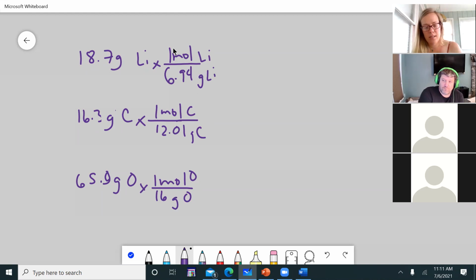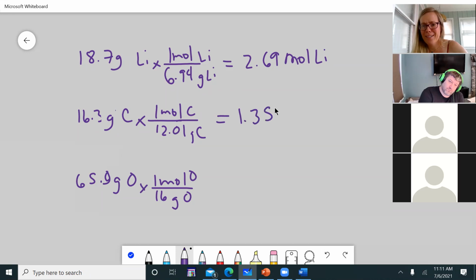So what do we have? 18.7 divided by that 6.94, and we get kind of a funky decimal of 2.69. We're going to just go with that though, because when we divide out, hopefully it takes care of itself. So 16.3 divided by that 12.01. We also get a weird sort of 1.357 number.